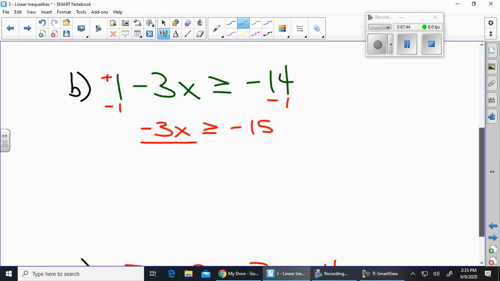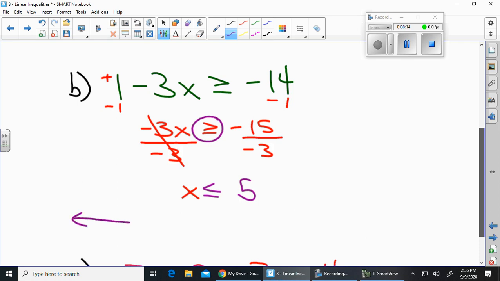I'm going to divide by negative 3 to get rid of that. I divided by a negative. So this greater than or equal to becomes a less than or equal to. Doesn't matter what my answer comes out as. Negative 15 divided by negative 3 is positive. I divided by a negative.